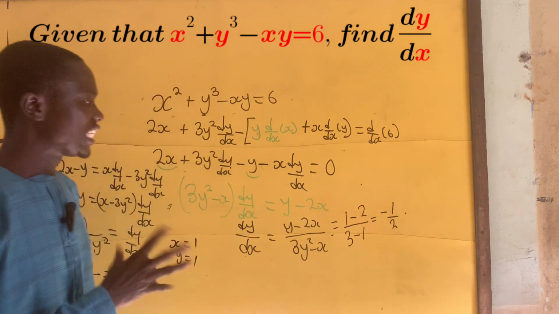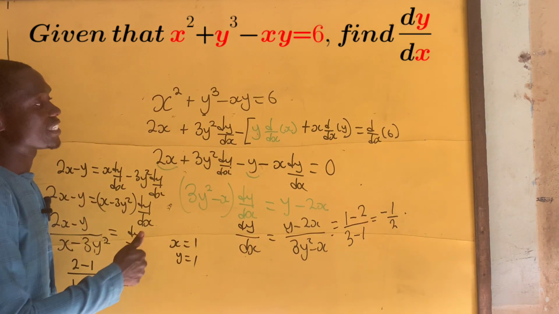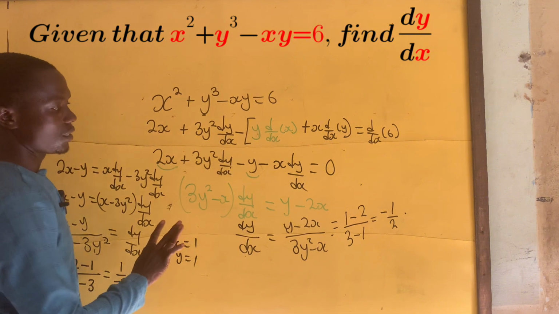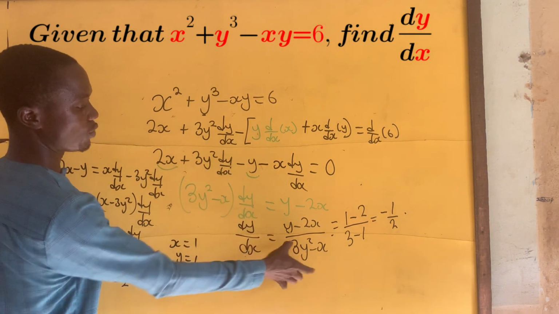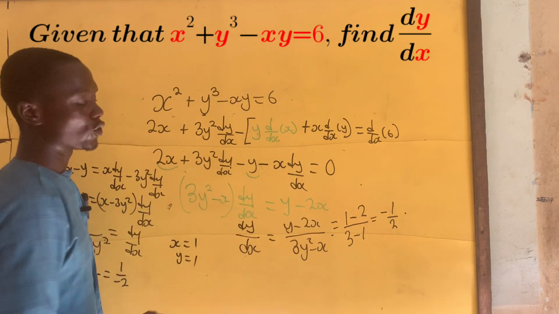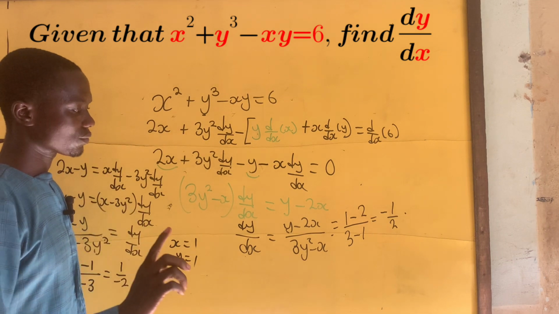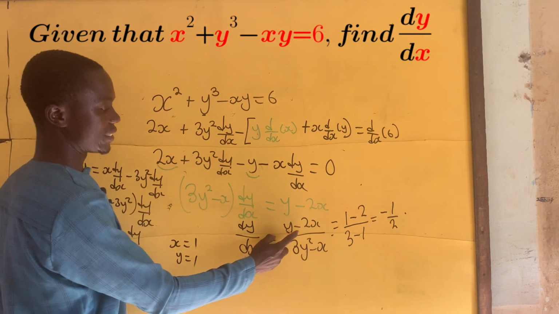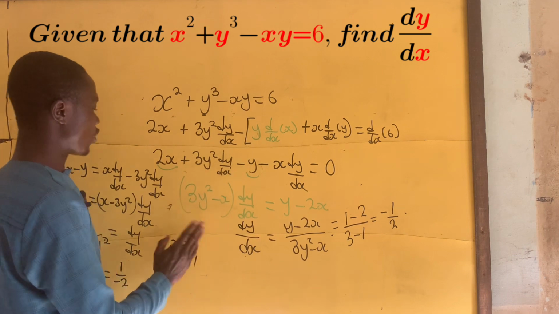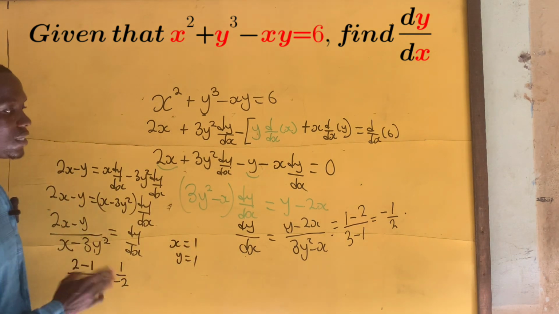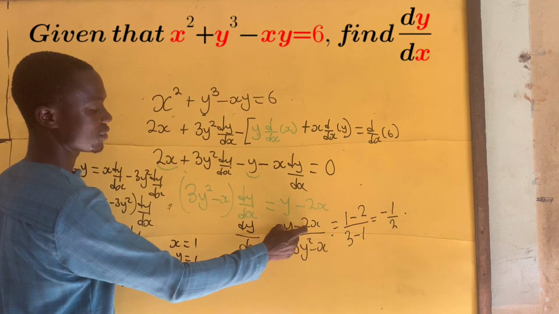So let me give you some trick. In case this is in session A and you did this and you are having this, but this is not in the solution, then what do you do? Just look at this. If you want to do the other alternative, don't worry yourself going through this. Just interchange the sign.